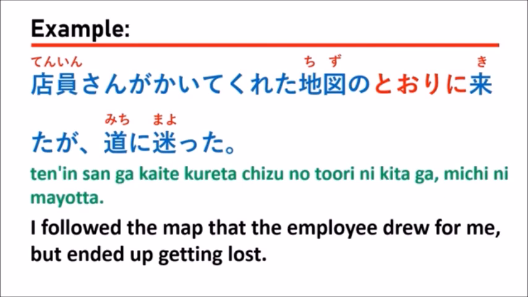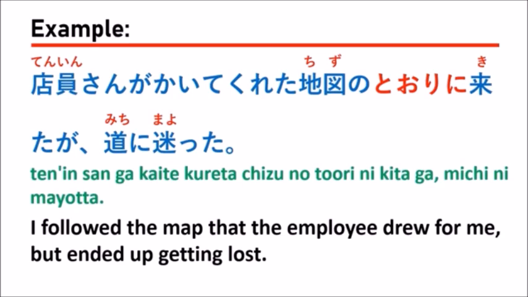Here, what we should notice is that they use a noun, right? Our noun is chizu. And after the noun, we have no, right? And after the no, we follow it by tori ni.